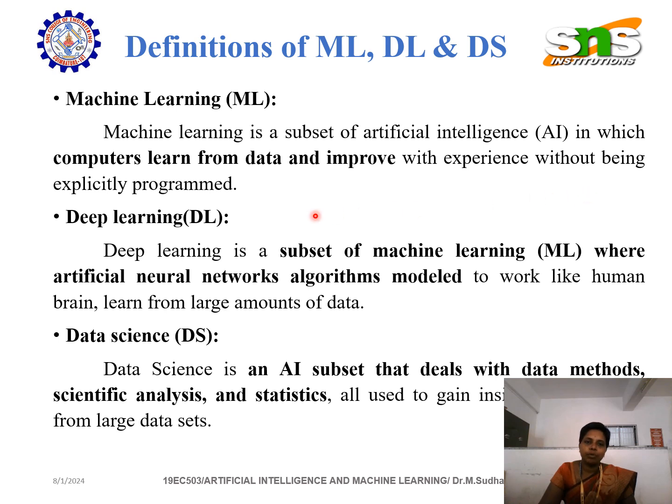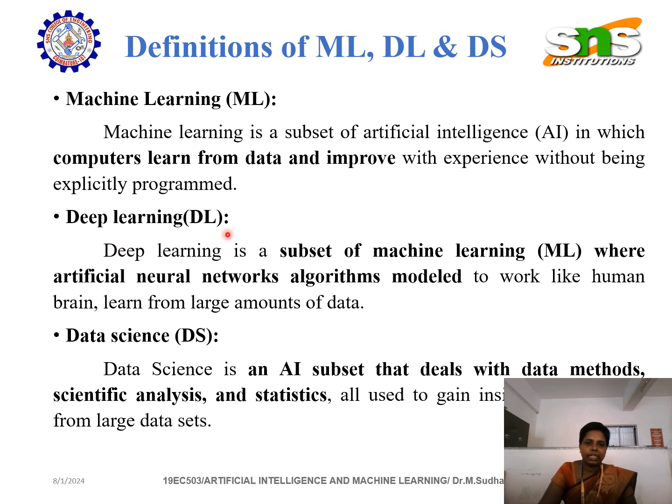Explicitly programmed means we will not program externally. We have trained samples based upon human intelligence, those trained samples are fed as data, and it makes them into algorithms. That is how computers learn from data and improve with experience.